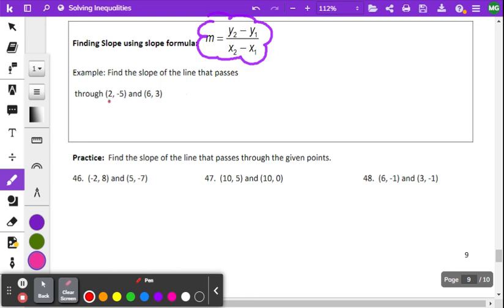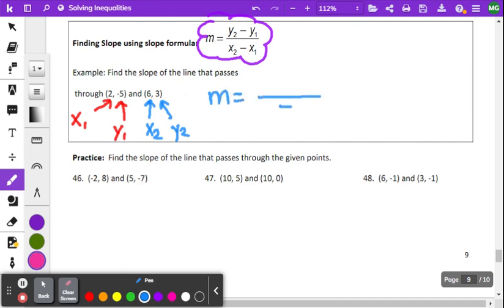So I'm going to call this x sub 1, and I'm going to call this y sub 1. And I'll label this point x sub 2 and y sub 2. The reason why people like to do this is because now when you give yourself your fraction, you can kind of follow this guide. So you'll see x sub 1 would go here.